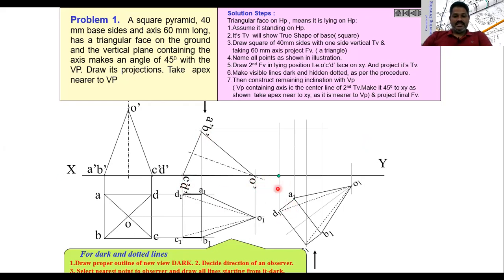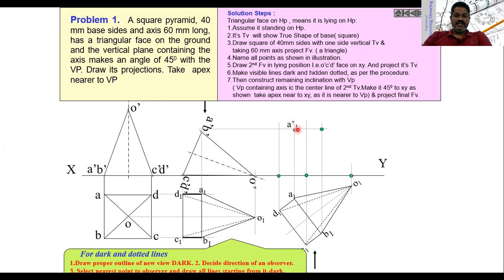Then this is D1 and D dash, we will get one point here. Then C1 and C dash, we will get one more point here. Then A1 and A dash, we get one more point, and similarly we will get the B1 point. And finally we will get O1 and O dash here.